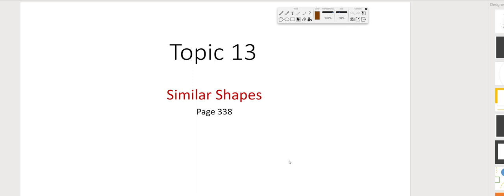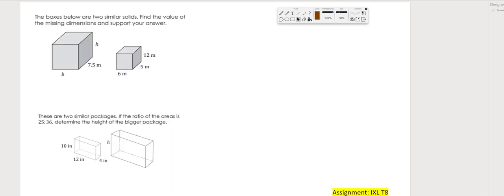Similar shapes has to deal with, in this case, volume, surface area, and really it could be anything. We've done similar shapes before. If you recall, how do we know if something is similar and not congruent?